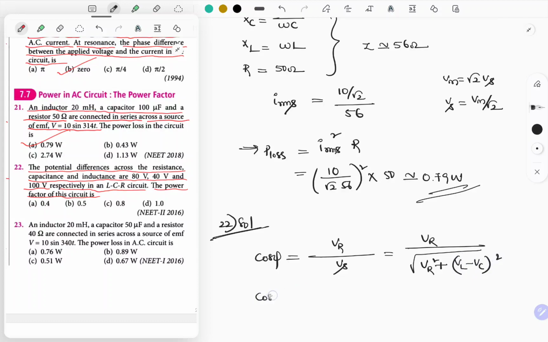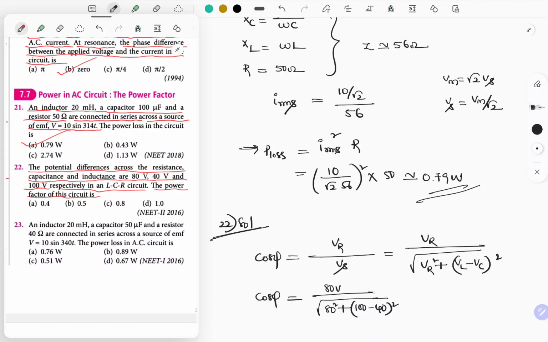So cos phi is equal to VR, how much is it? 80 volt divided by root of VR square, which is 80 square, plus (VL minus VC), that is (100 minus 40) square.